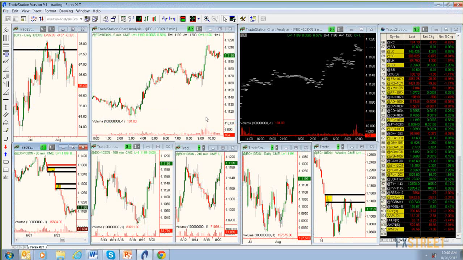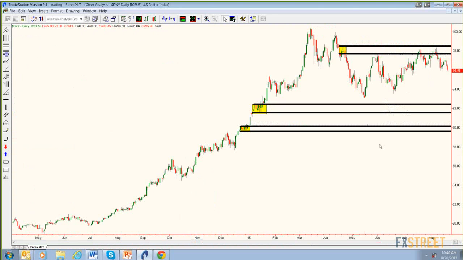Any other questions on the euro? While we're looking at the euro, let's take a look at the dollar. Here are the levels we've had in the dollar for quite a long time, for months. All right, so here's the dollar. Again, we've been falling off of our supply level.